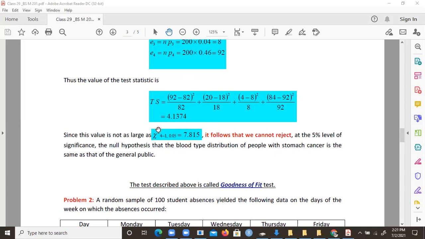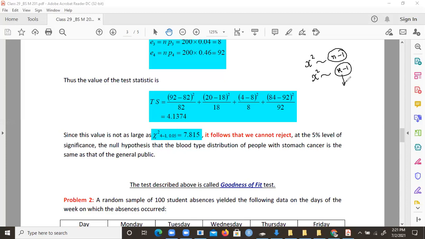One thing that you have to keep in mind: I didn't mention that chi-square is associated with the degree of freedom n-1, where n is the sample size. I associated chi-square with the degree of freedom k-1.